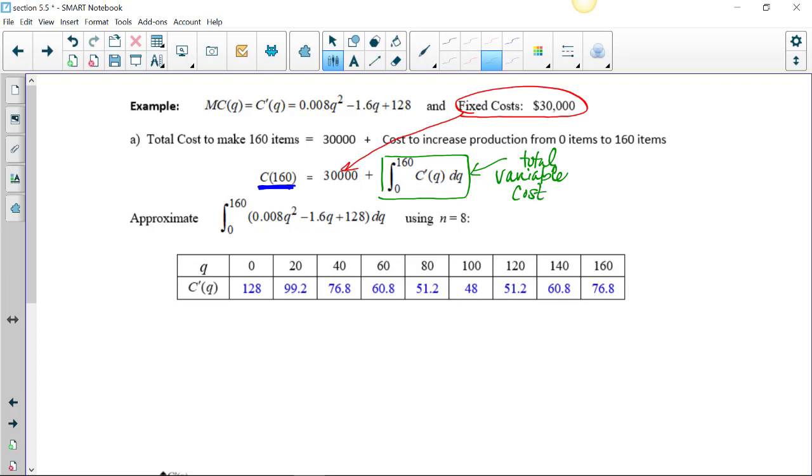So what we find out then is that I don't have the graph for this marginal cost function. And if it's not linear, so even if I have the graph, I can't calculate the exact area. I would have to approximate it with rectangles.